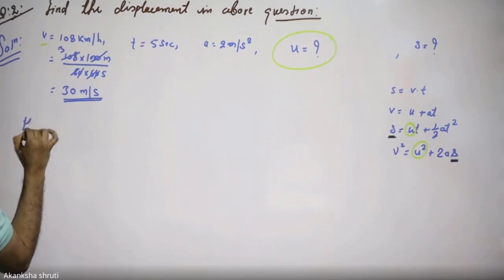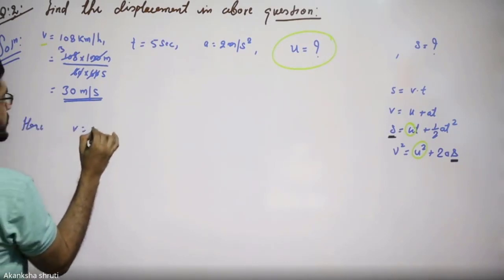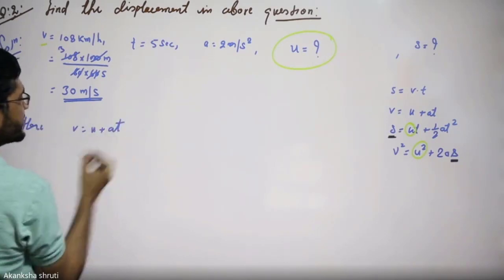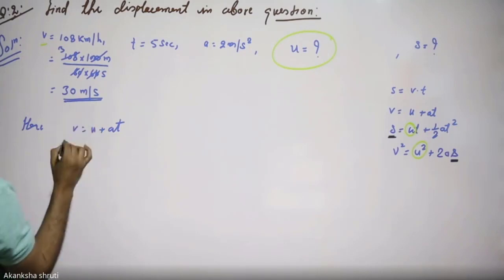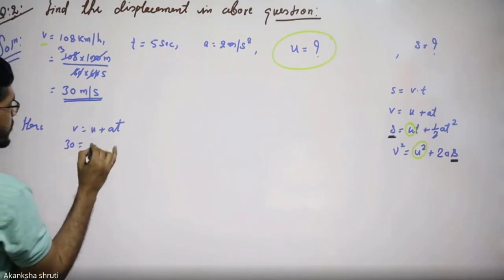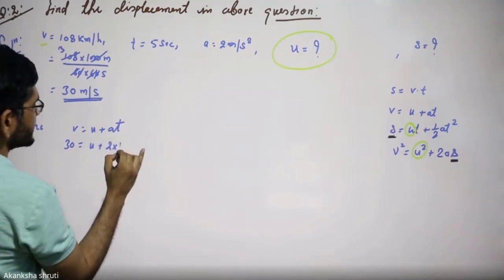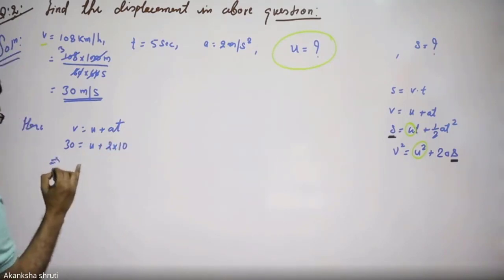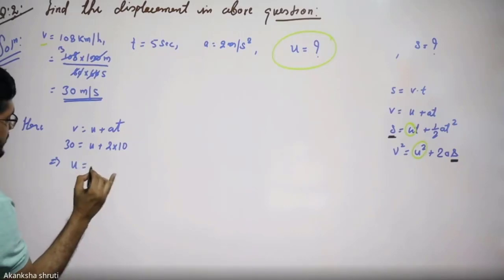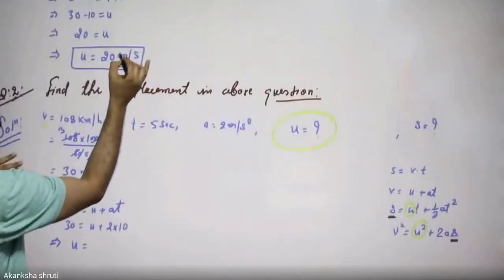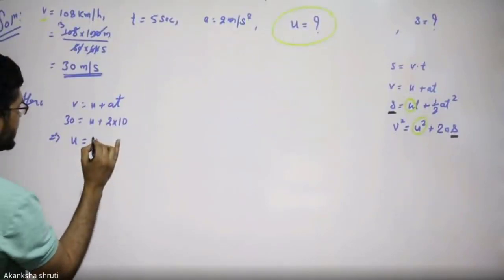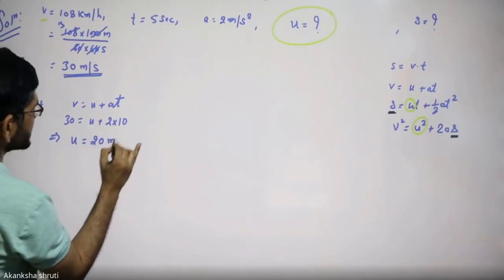So here we have V is equal to U plus AT. Then 30 is equal to U plus A, which is 2, into 10. As we had calculated earlier, U comes as 20. Okay, students? It is coming as 20 meters per second.